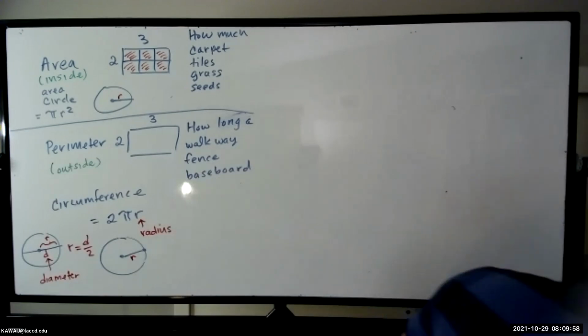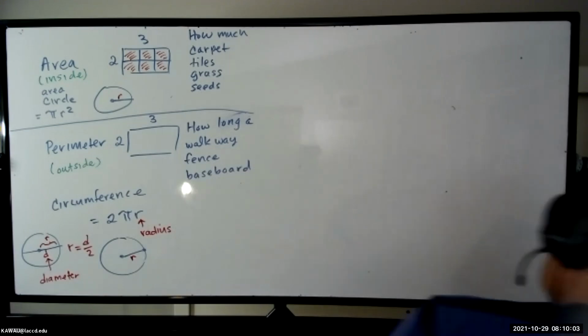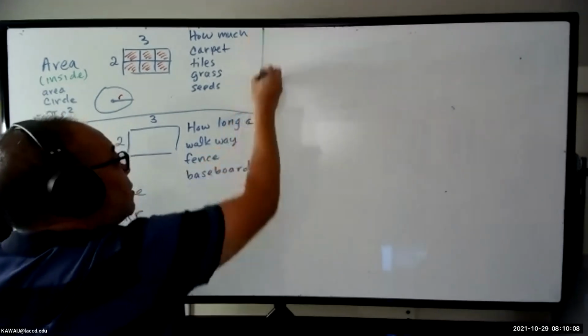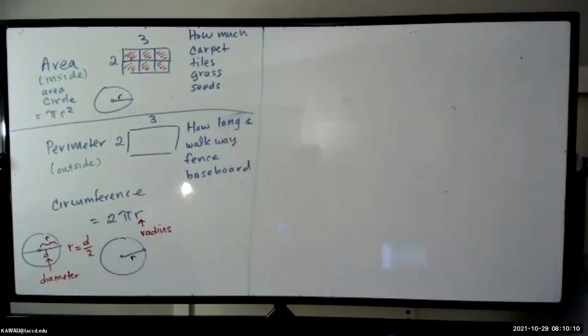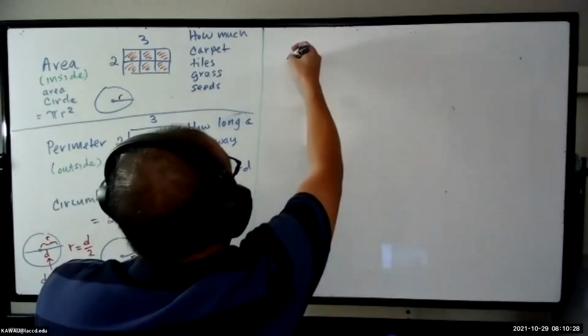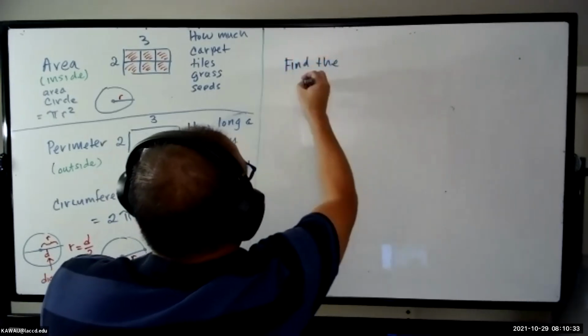Let me get a black pen out. So let's pull this in. Okay. So one of the nice things about having a multiple choice question on area or perimeter is that what will happen is that, so let's say we have, find the area.